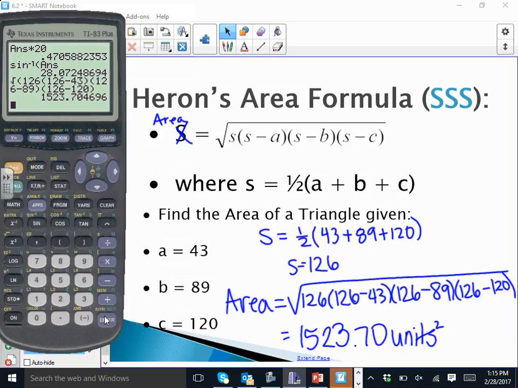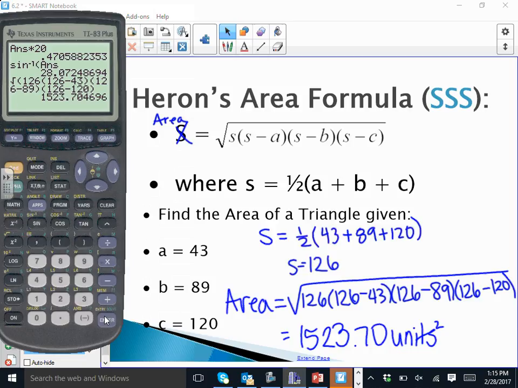Okay, we have 10 minutes left in class. Much like yesterday, I want you to get your book out, and I want you to try at least one, if not two, of these law of cosines problems. Let's see here. You start with number 5 and 8 and 11.